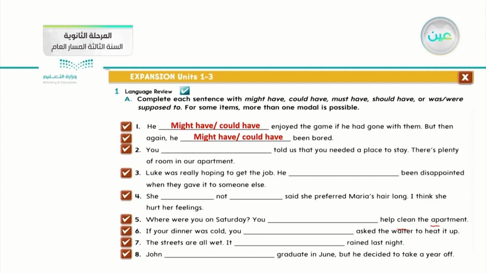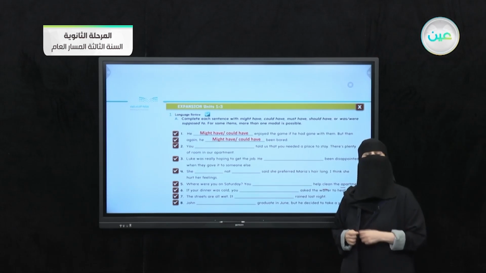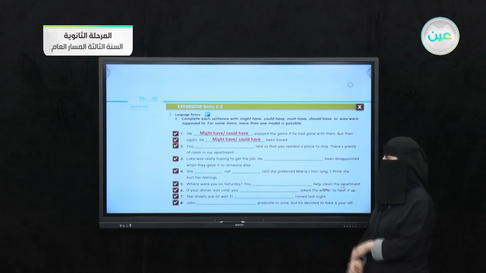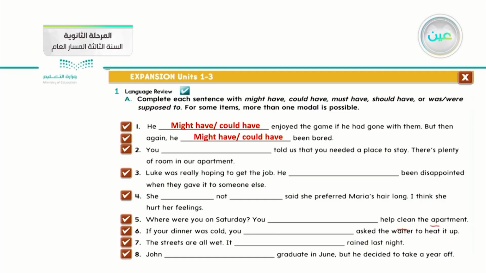There is plenty of room in our apartment. So what do you think is the suitable past modal for this sentence? We can use should as the right one. So you should have told us that you needed a place to stay. There is plenty of room in our apartment.